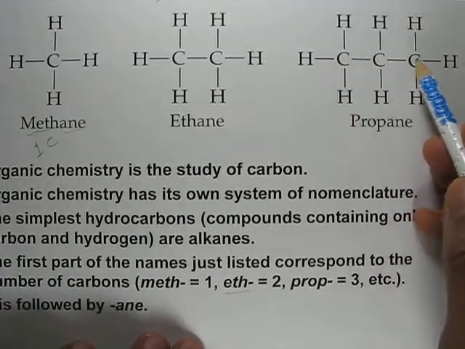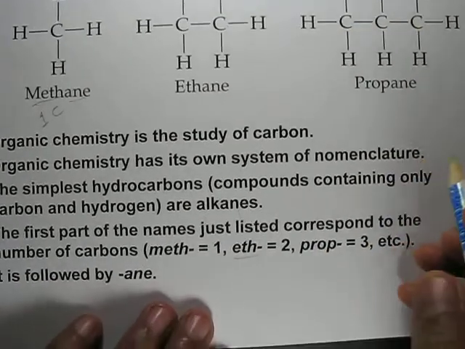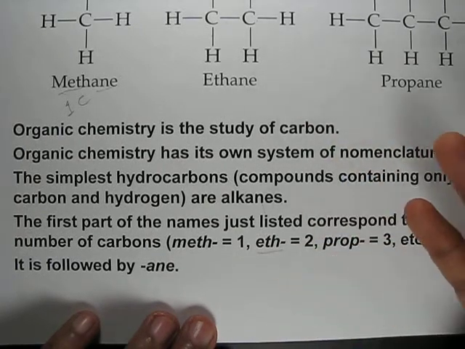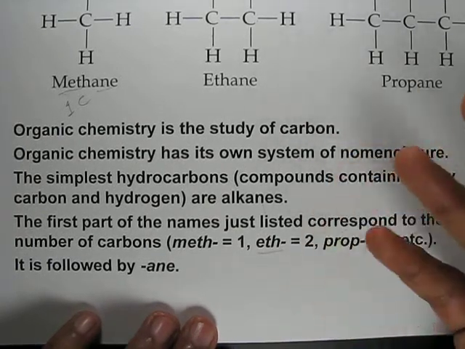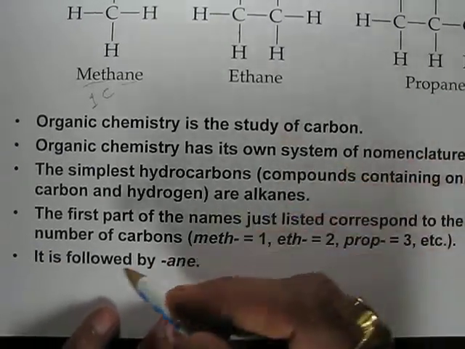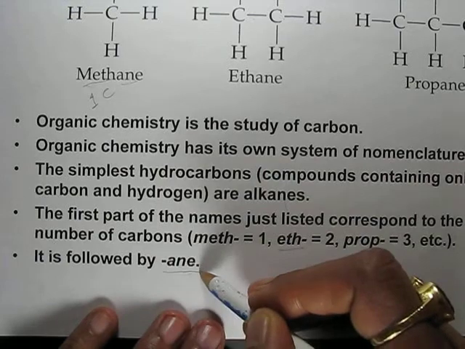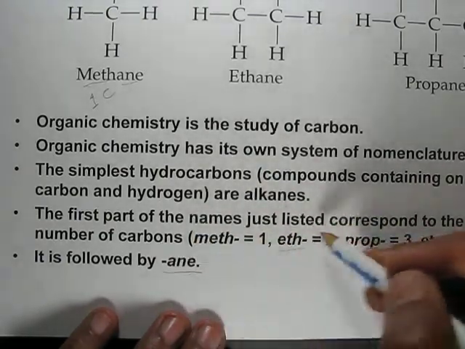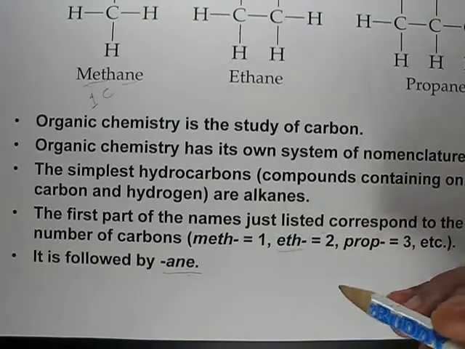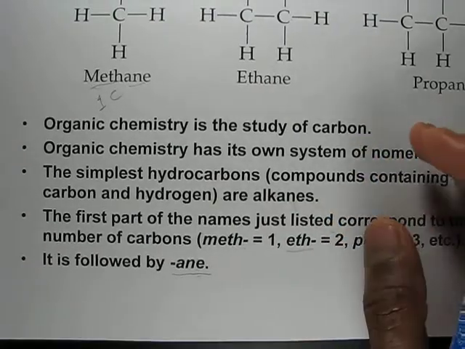If there are 3 carbons, it's called prop, and 4 carbons, tetra, 5 is penta. These are very simple prefixes, followed by ane. So methane, ethane, propane, and so on.